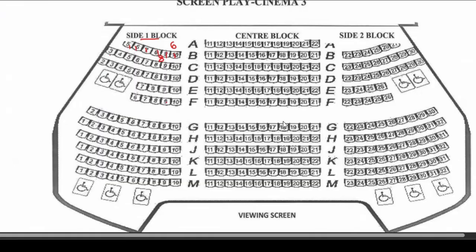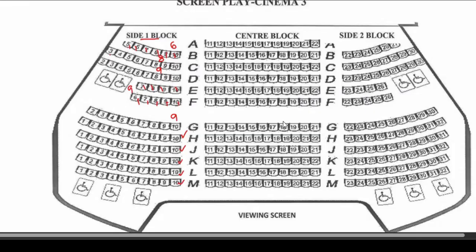Then these are 9. Here, I believe they are 10. We have 1, 2, 3, 4, 5, 6, 7, 8, 9. Oh, they are 9. Then these are 9 also. These are 10, 10, 10, 10, 10.